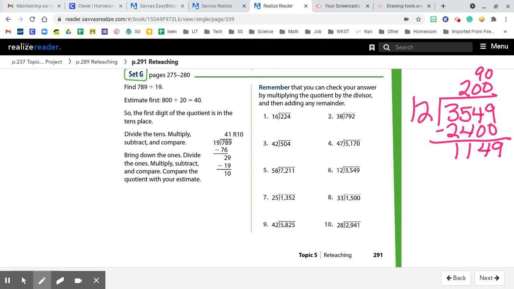Remember we did 12 times 9. Oops. Is 108. So 12 times 90 would be 1080.